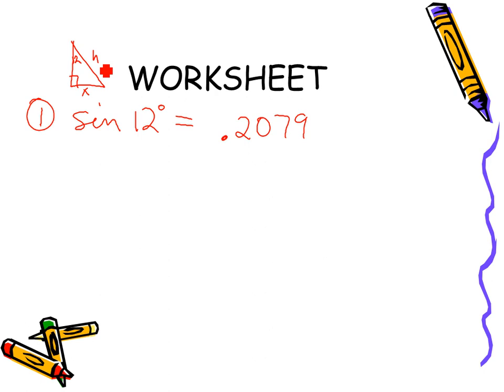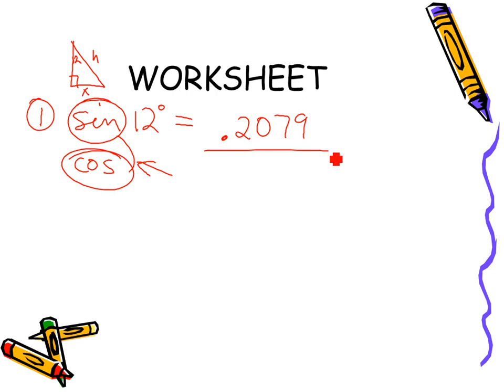What if one of your answers happened to be like 1 point blah blah blah? Would you go for a decimal? Always for a decimal. Now, the other thing I want to say here, listen closely to this. Sine and cosine always should be less than 1. So if you have something like 0.2079, that's fine.